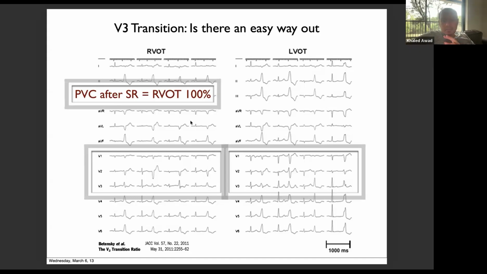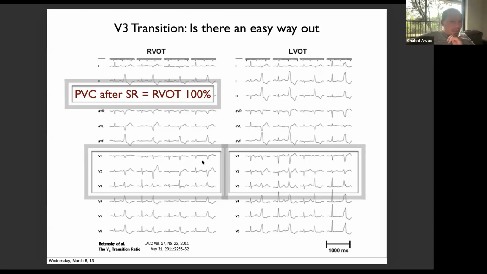Everybody's different. The heart lays in a different position in the chest, and everybody changes as we age, and there are really interesting reasons for that. But the transition is also important to look at from the perspective of comparison to sinus rhythm.